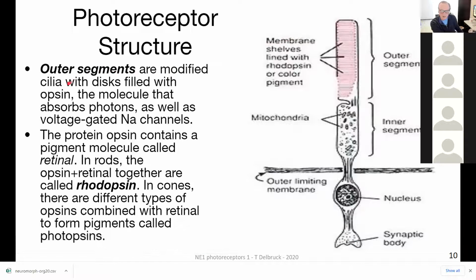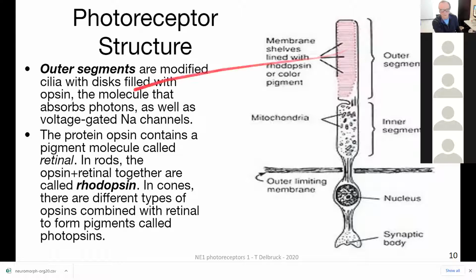The outer segments are actually modified cilia with discs filled with opsin, the molecule that absorbs the photon, as well as voltage-gated sodium channels. Within each of these rod photoreceptors are hundreds of flat discs of lipid bilayer, and floating around and diffusing two-dimensionally in each disc are these structures that hold the opsins, which absorb the light and then cause a whole chain reaction of biochemical processes that end up closing sodium channels in this outer membrane.